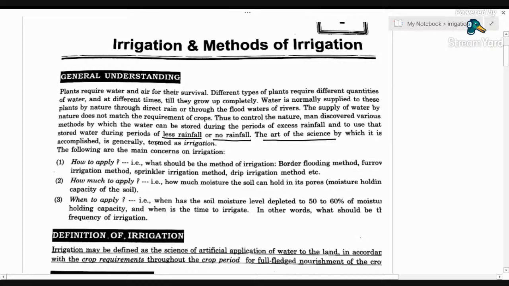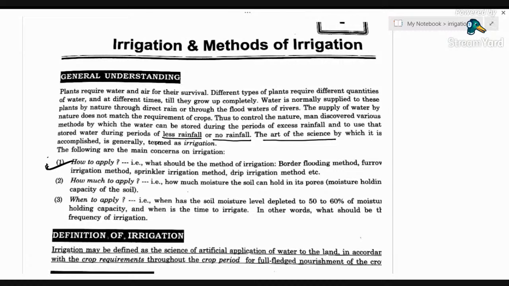So the first question you need to ask is how we can apply water for irrigation. What are the various methods for irrigation? Then the second question you need to ask is how much we should apply, because we cannot apply as much water as we want. Every soil or every plant requires some amount of water.